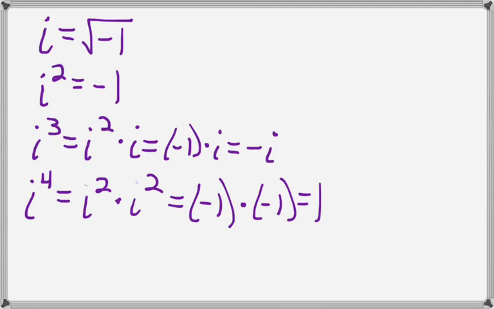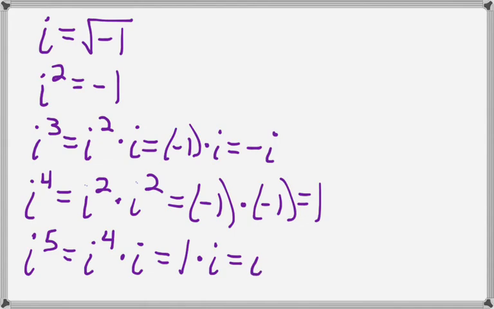Okay, let's keep going. i to the 5th. Well, that would be i to the 4th times i. And we just said i to the 4th is 1. So we have 1 times i, which is just i. So i to the 5th is equal to i. That's interesting.